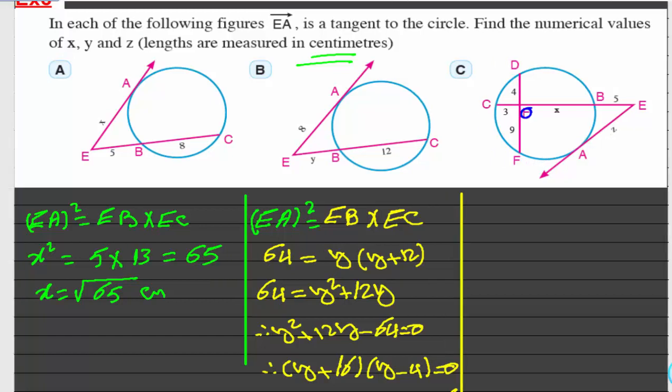And to this part, we want to find the value of X and Z. Inside the circle we have BO multiply CO equals DO multiply OF.